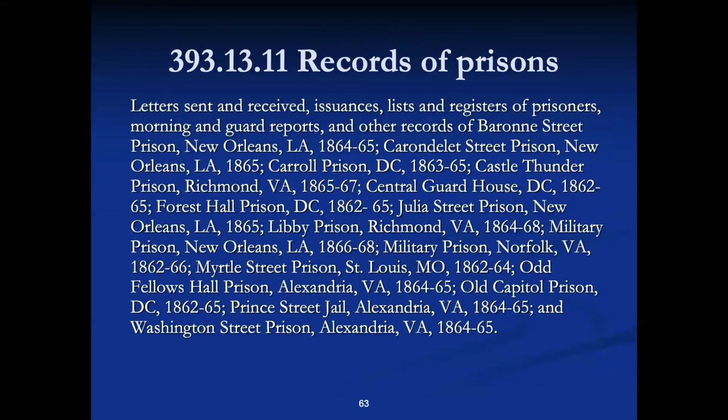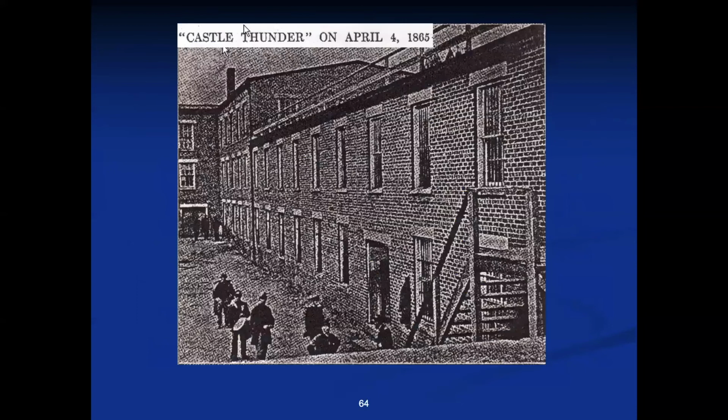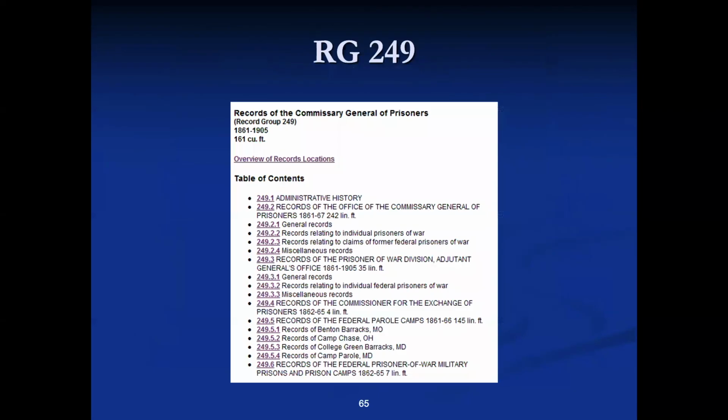So there are records of several prisons, and again, you can get to this through the Guide to the Federal Records as to which specific prisons they do have. And here's a picture of a Petersburg tobacco factory that was used as a prison. This is Castle Thunder in 1865.